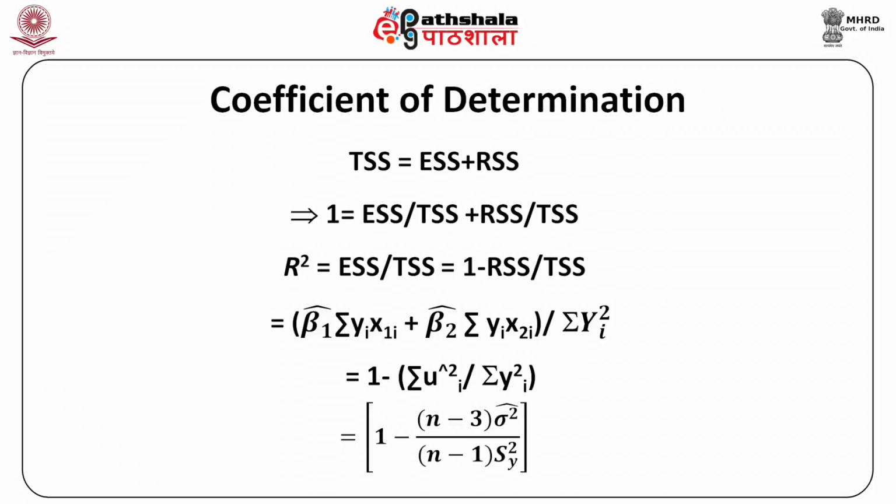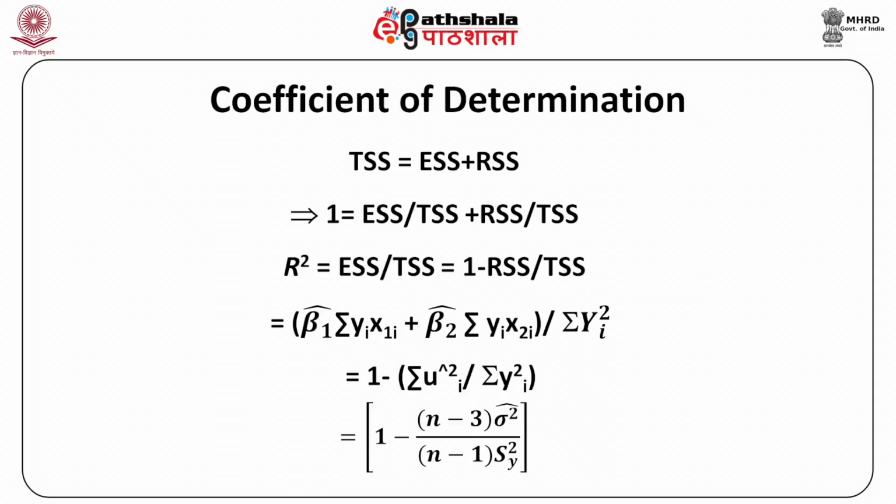The value of R square lies between 0, which is no fit, and 1, which is perfect fit. If it is 1, the fitted regression line explains 100% variation in y, and in case it is 0, the regression line does not explain any variation in y.